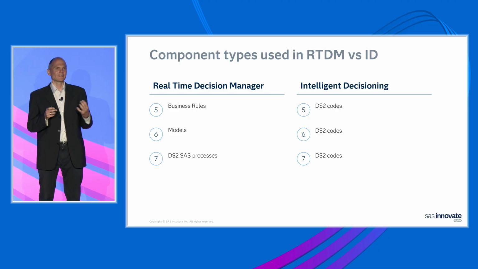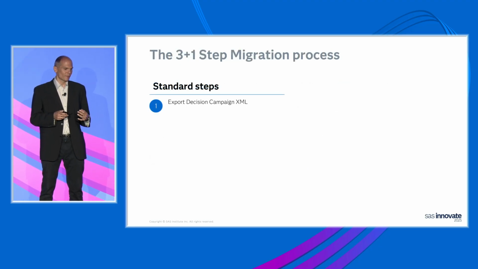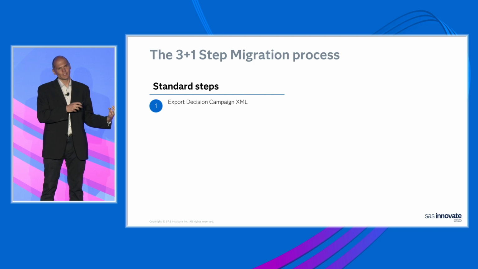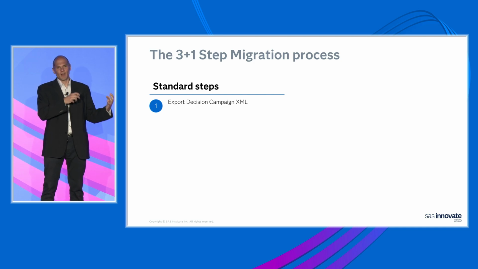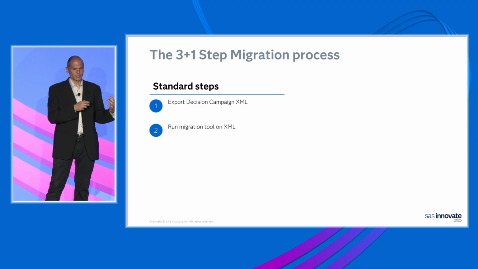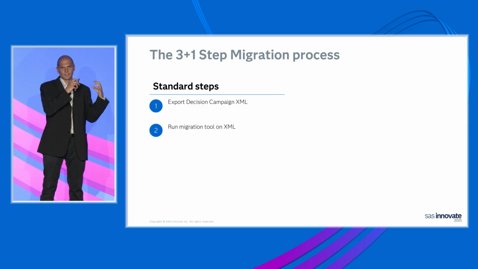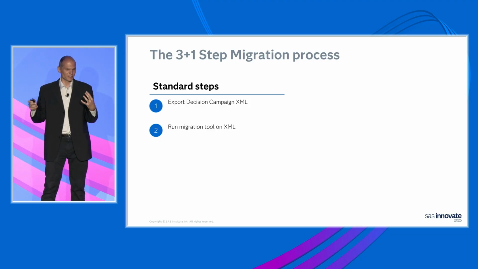But now let's see what the migration process looks like. The first step is that we have to export the decision campaign from RTDM. That can be done with one command. Then we have to run the migration tool to load this decision into ID. That can be done with another command.